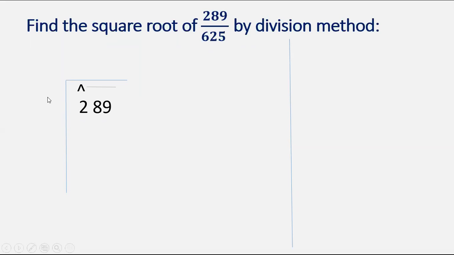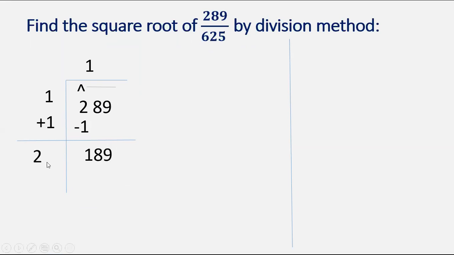Okay, now which number is going to be multiplied by itself to get either 2 or less than 2? Yes, we know that it's a number 1. 1 into 1 is 1. Okay, and 1 is going to be added on the left hand side. So we get 1 plus 1, 2, and 2 minus 1 here, 1. 89 as a pair, so we have to copy 89 together.